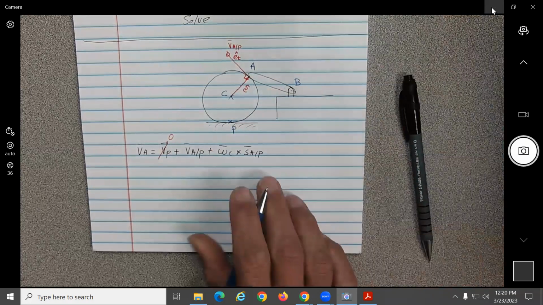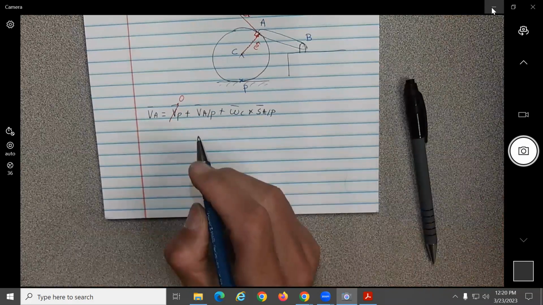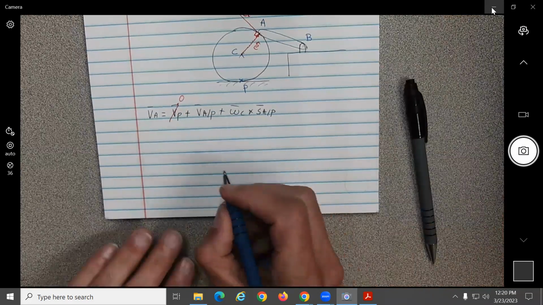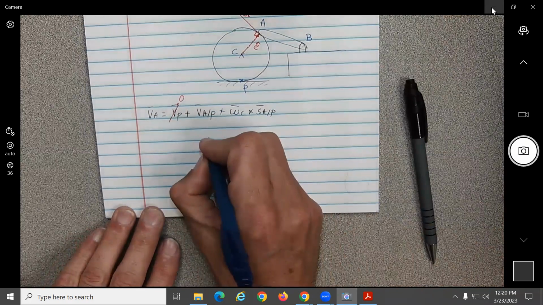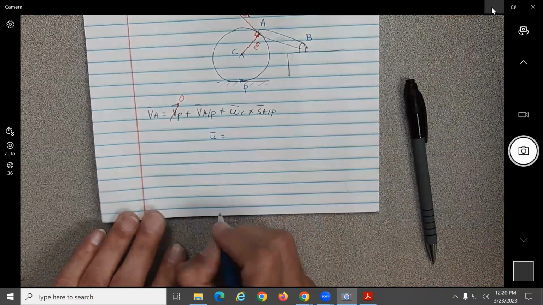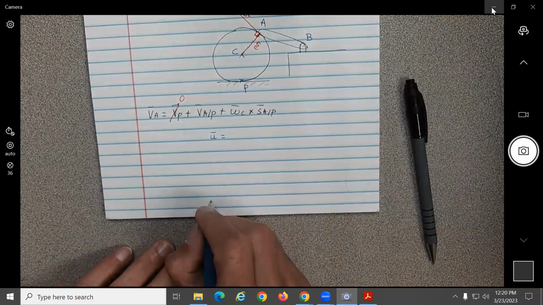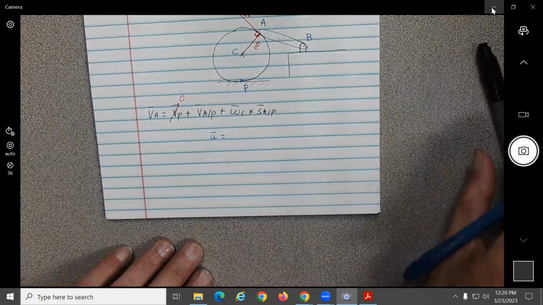What is e? If you remember, we say a vector, let me call it u bar, is equal to what? We even talked about the movie Despicable Me. What are the qualities of a vector?